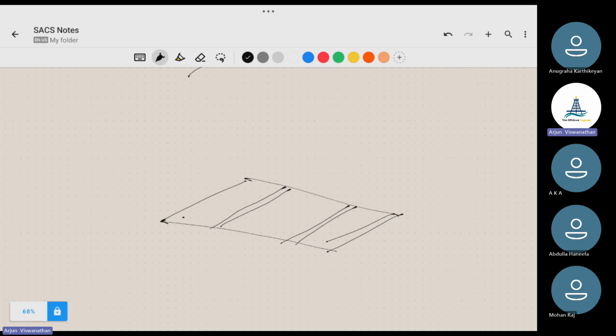Most of the time it will be called a mat. Mats are like plates with perforations, so there will be holes on the mat. These are just plates, so to strengthen the plates, we will provide beams. So there will be beams on the outside.